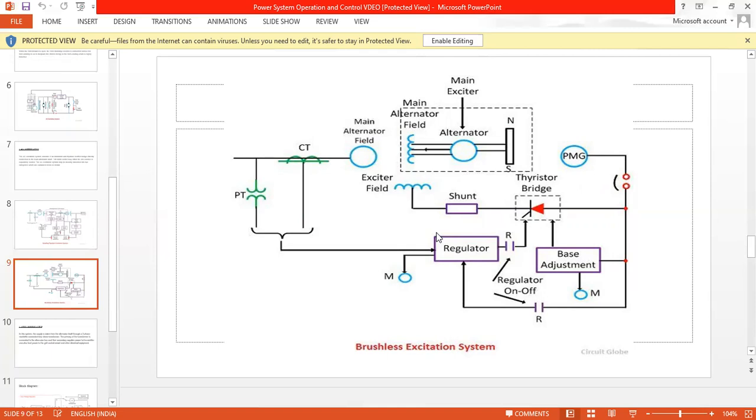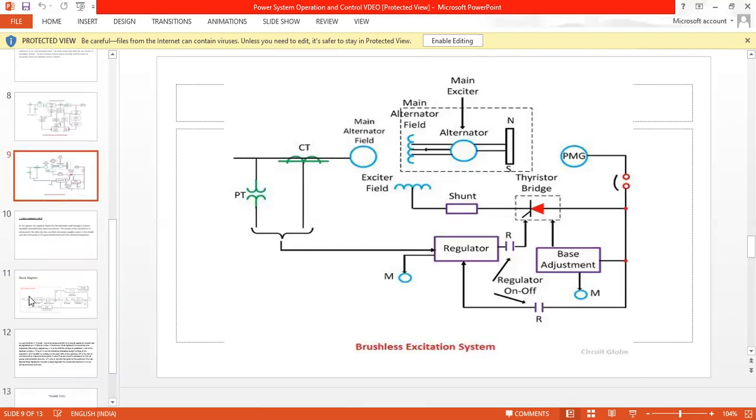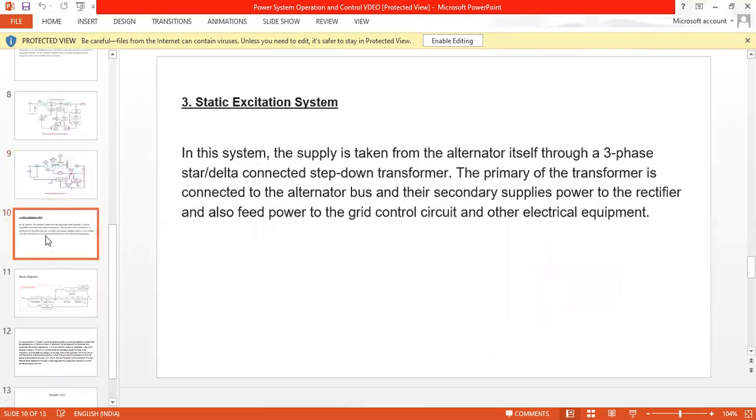That's how the regulator impacts the thyristor bridge phase adjustment and the regulator on and off. Here, this brushless excitation system impacts the regulator, which is controlled upon the thyristor bridge, which makes the output better.